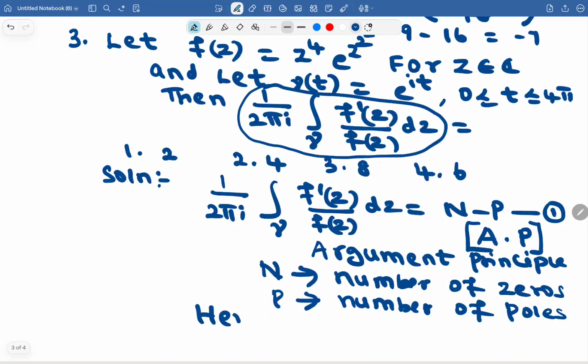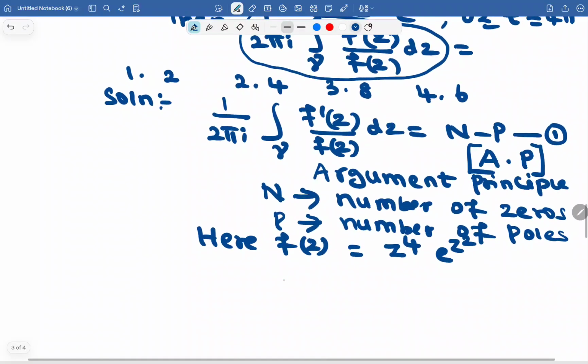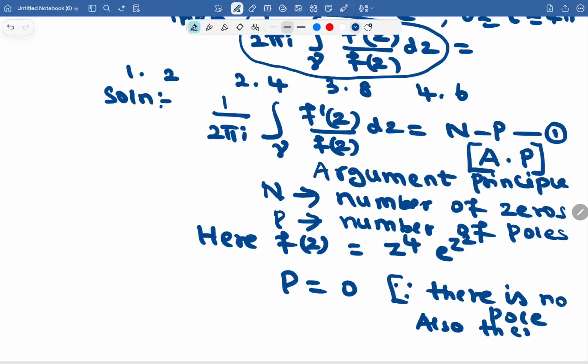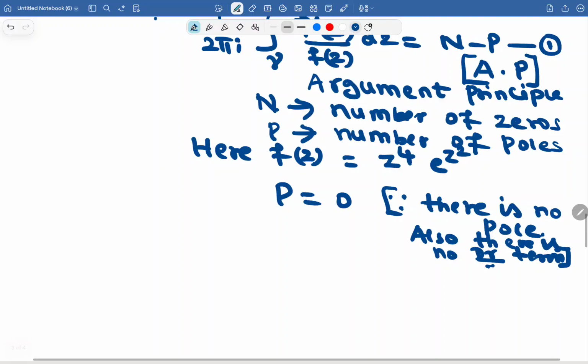Here, what is f of z? z power 4 e power z square. Here P is 0 since there is no pole. There is no denominator term. Only we have to find the number of zeros.